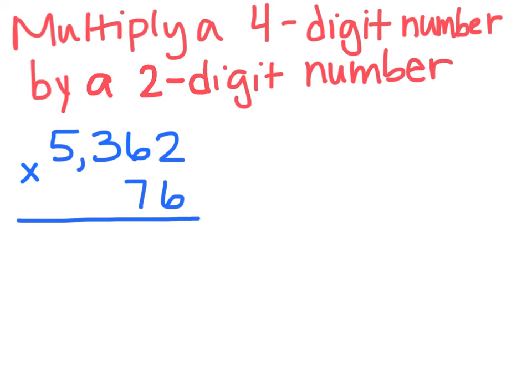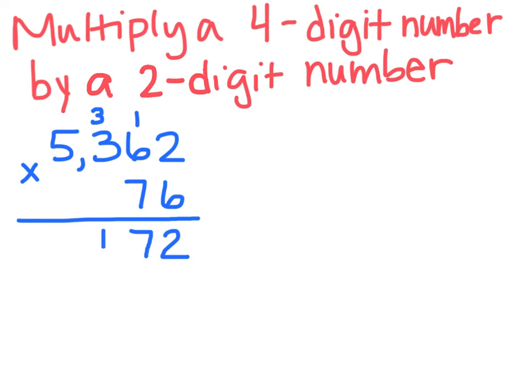Our first step is to multiply 5,362 times 6. 6 times 2 is 12. Our 2 goes in the ones column. We need to carry our 1 over to the tens column. 6 times 6 is 36, plus 1 is 37. Our 7 will go in the tens column. We carry our 3 into the hundreds column. We don't want to forget about it. We need that value. 6 times 3 is 18, plus 3 is 21.